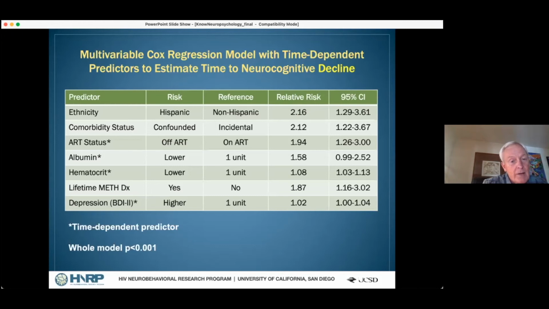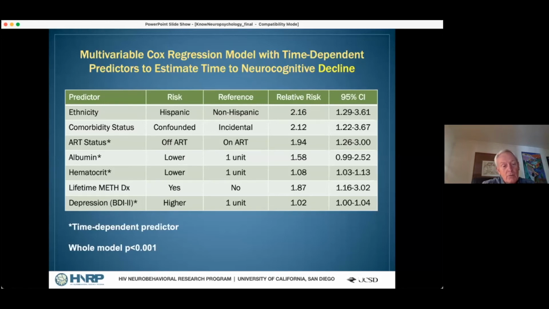The factors that mattered were Hispanic ethnicity, and we can talk about that if you like; having more severe comorbidities besides HIV; going off your antiretroviral therapy, that's a bad thing; having a low albumin and low hematocrit, which are general illness indicators often associated with infection and inflammation; having a lifetime diagnosis of methamphetamine dependency; and having more depression.